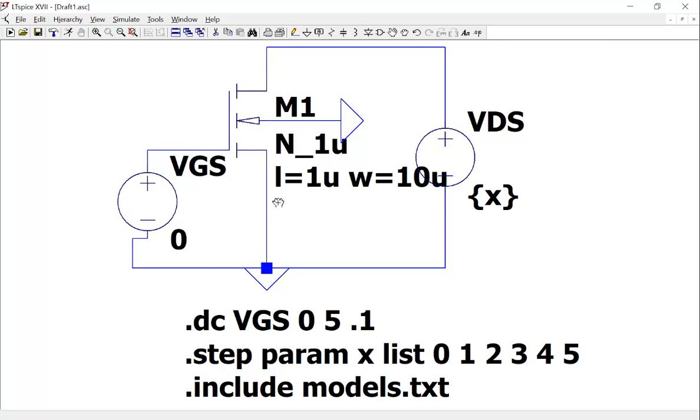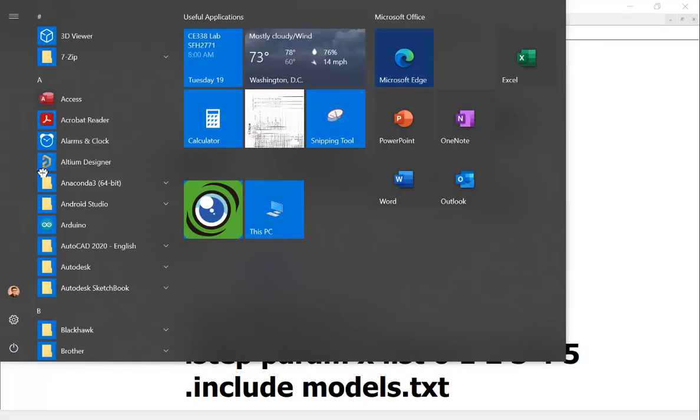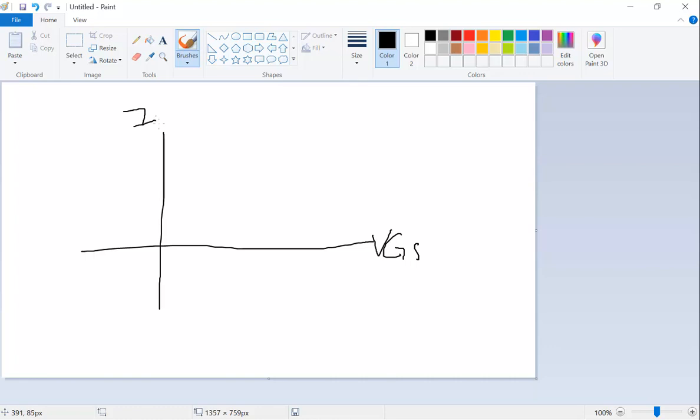What I want to plot, remember yesterday I talked about the IV curves. So if you have a VGS, what is G, what is S? Quick question, what is G, what is S? G is gate, S is source, D is drain.